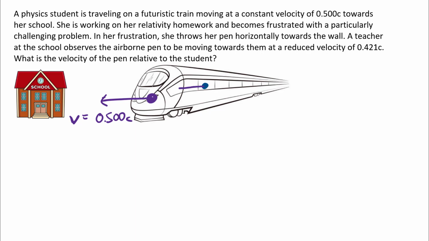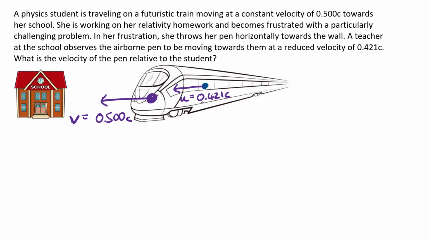That makes it a u, not a u dash, because it's observed by the same person who's observing the train. So according to the person at school, the train's moving at 0.5 c and the pen's moving at 0.421 c.